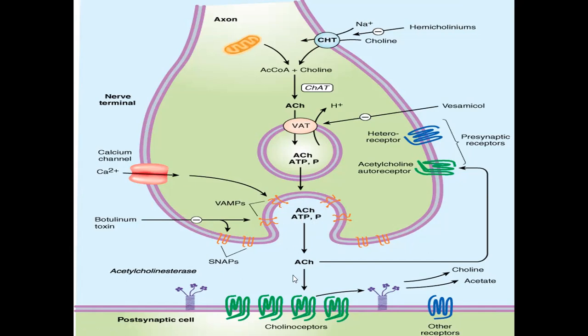Finally, the stimulation of these presynaptic receptors will result in the release of acetylcholine into the synaptic cleft, and acetylcholine is taken up by the cholinergic receptors on the postsynaptic cell. There's an enzyme called acetylcholinesterase, and acetylcholine is rapidly degraded into choline and acetate.